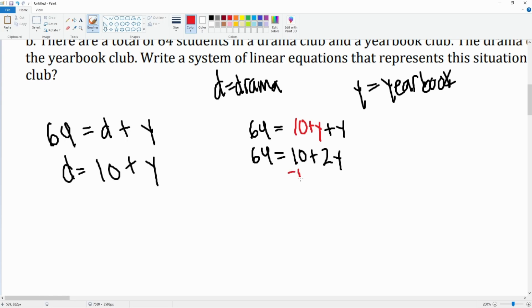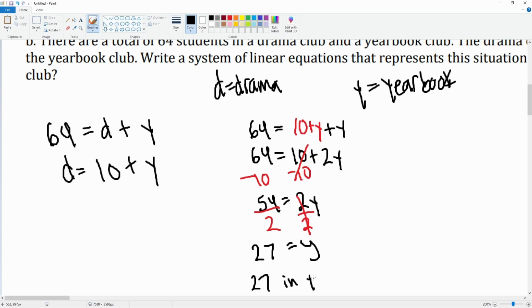Subtract the 10 from both sides to get the Y alone. I get 54 is equal to 2Y. Divide by 2 on both sides, leaving you with Y is equal to 27. So there were 27 in the yearbook club.